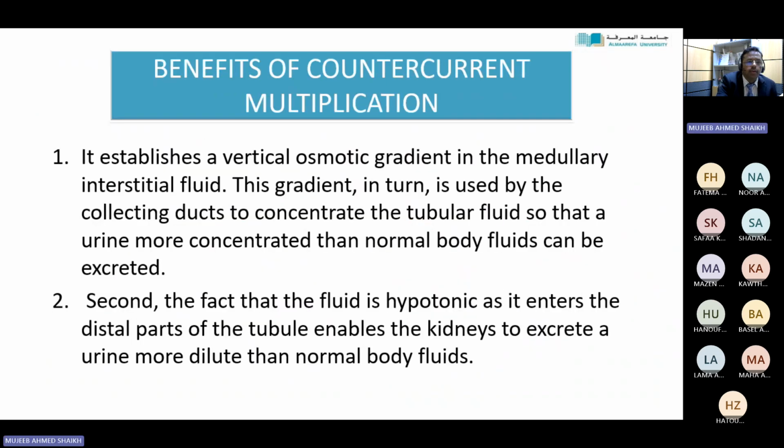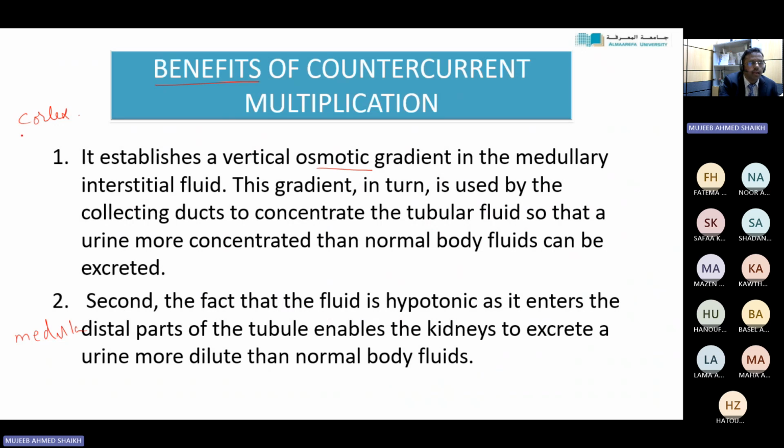What is the benefit of creating this gradient? What purpose will the counter current multiplication system serve? It will establish a vertical osmotic gradient from the cortex to the medulla. You will have osmolarity of different types.